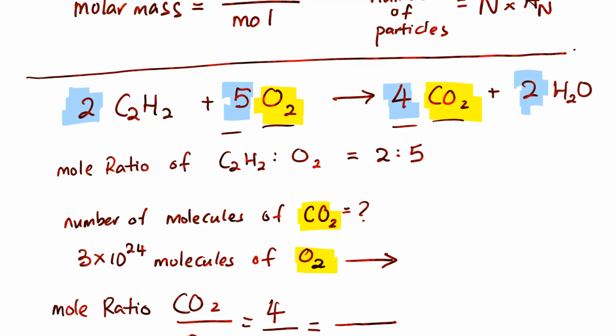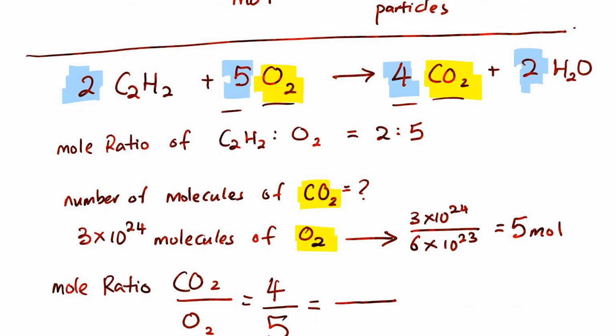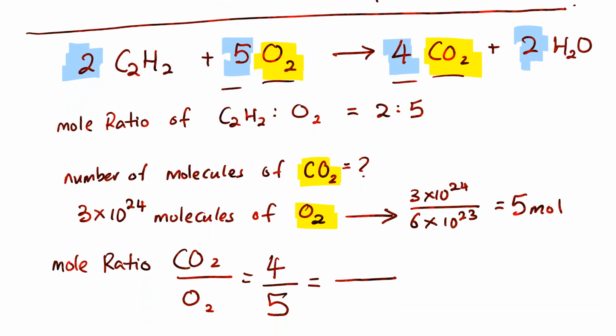This would be 3 times 10 to the 24 divided by 6 times 10 to the 23, which is 5. So this is 5 mole, and you set the remaining as variable x.